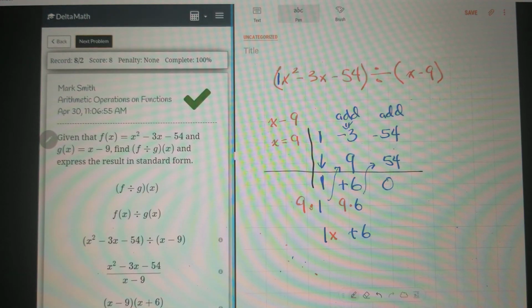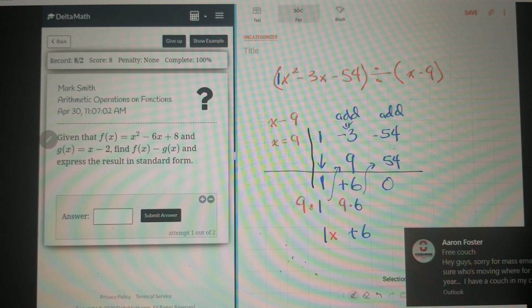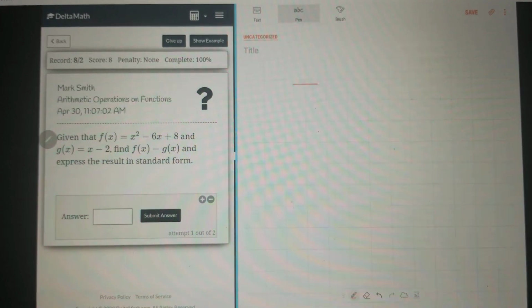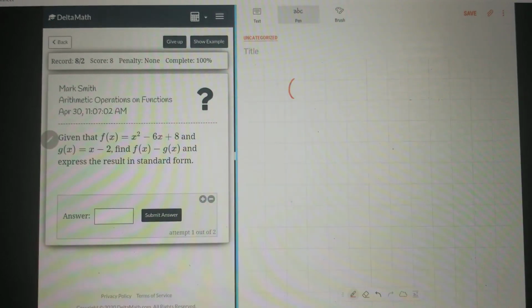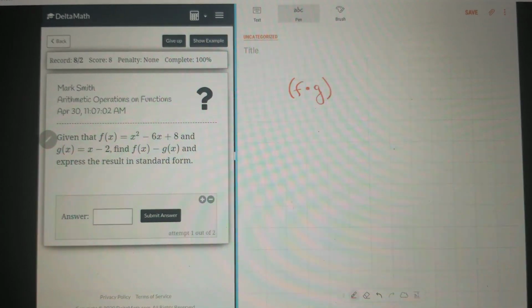I don't think we need to do any more of those. This one's another subtraction problem. I think you'll see some multiplication problems in here. So let's pretend this one's a multiplication problem. You would see something like this, and it would say, I want f times g of x.